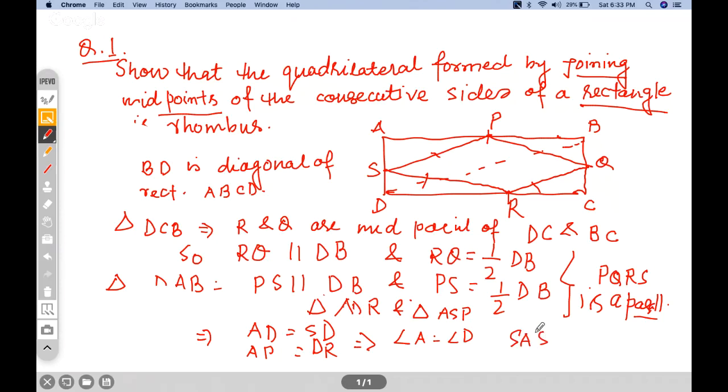So SAS congruency means SR would be equal to PS. If SR is equal to PS, I have already proved that RQ is equal to SP. Now I have proved that SR is equal to PS. It means that all sides are equal. So you can say that this parallelogram is a rhombus.